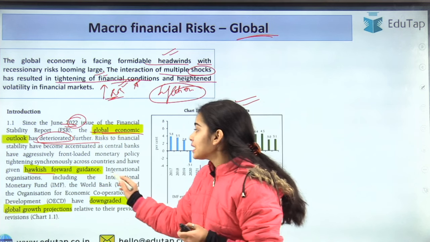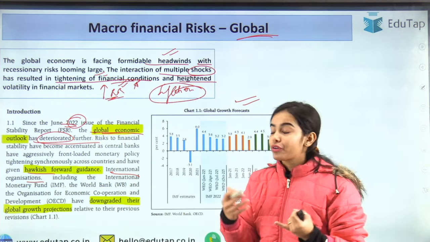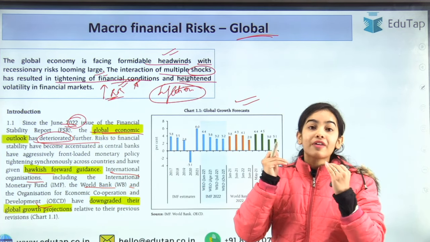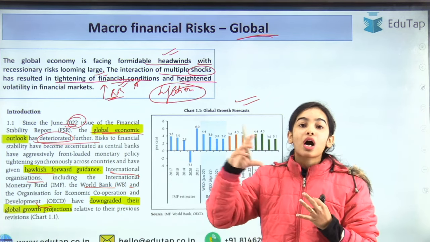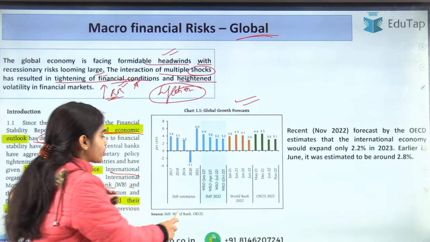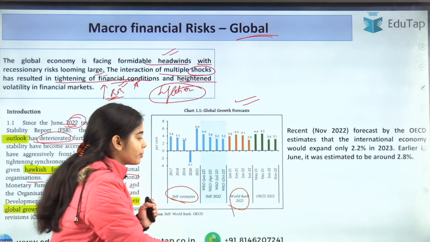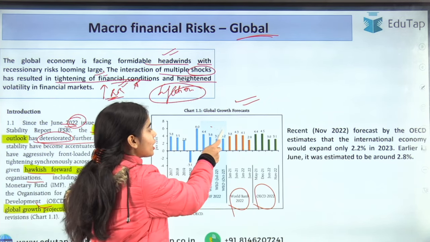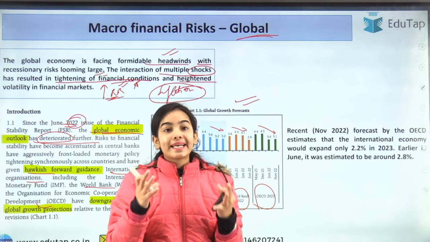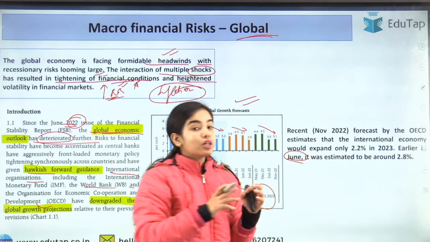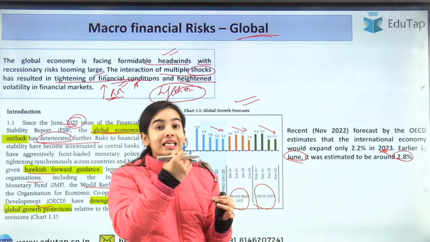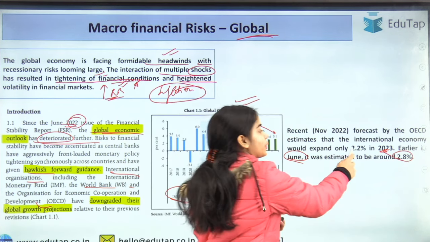International organizations like the International Monetary Fund, the World Bank and the OECD have all downgraded, all decreased their forecasts for global growth. Here you can see that the IMF estimates, the World Bank estimates and the OECD estimates have all decreased. For the OECD, they estimated in June that global growth would be around 2.8% in 2023, but they decreased this estimate to 2.2%.